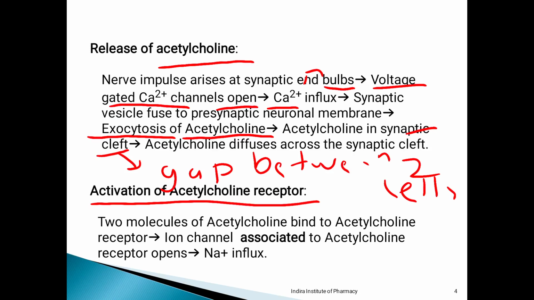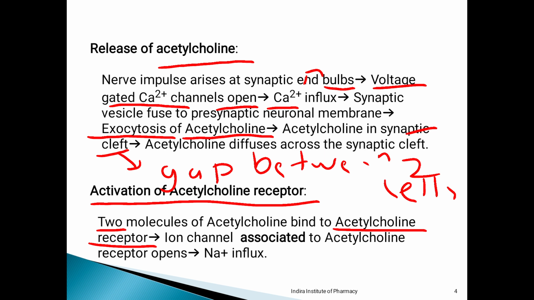Activation of acetylcholine receptor. So the acetylcholine molecules in the synaptic cleft will bind with the acetylcholine receptor. Two molecules of acetylcholine bind to the acetylcholine receptor.